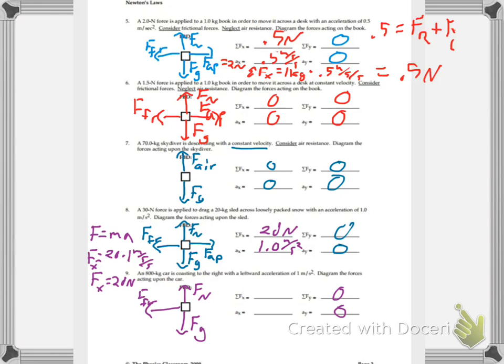So now we need our sum of the forces. So we have our forces in X equals mass times acceleration. 800 kilograms times 1 meter per second squared will get us 800 newtons and it's to the left, so it's negative.